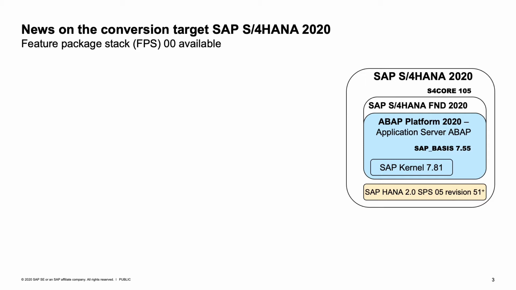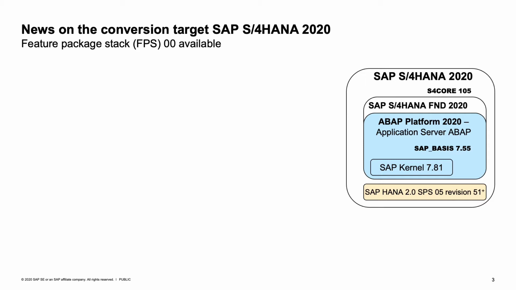SAP S/4HANA 2020 is comprised of, for example, one software component called S/4 Core 105. It's based on, again, the S/4HANA Foundation 2020 in this case, which in turn is based on the ABAP Platform 2020, that is the application server. That is using the software component SAP Basis 755.